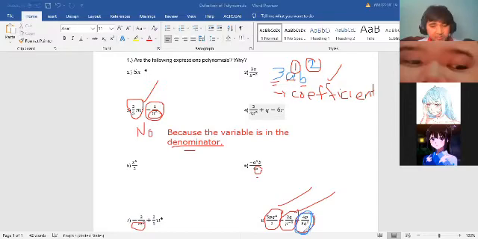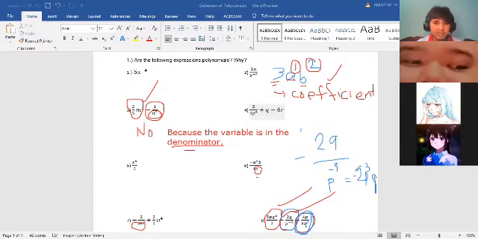Which variable is in the denominator? What letter? P, Q? Which variable? It is Q. Okay, the second term, which is negative 2q over p to the negative 3, I can change this to negative 2 p to the power 3 q.